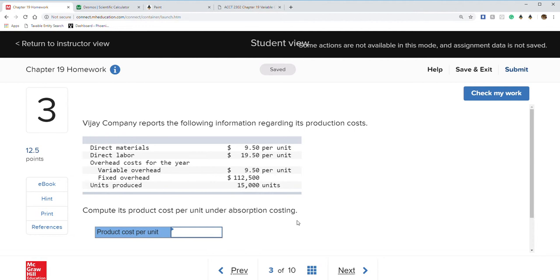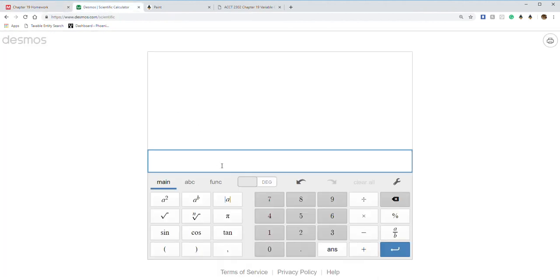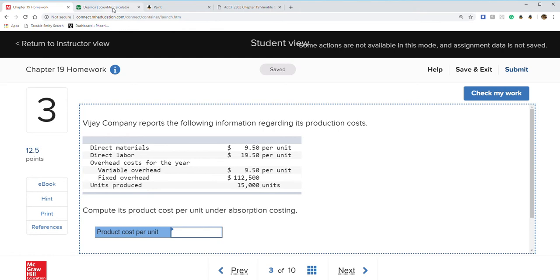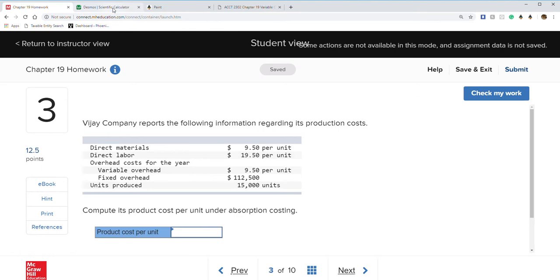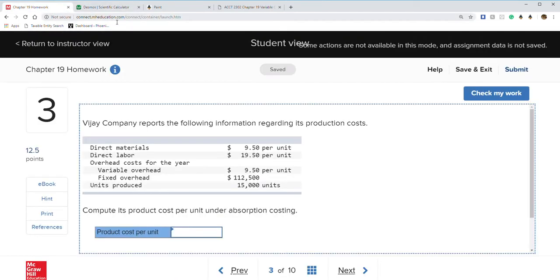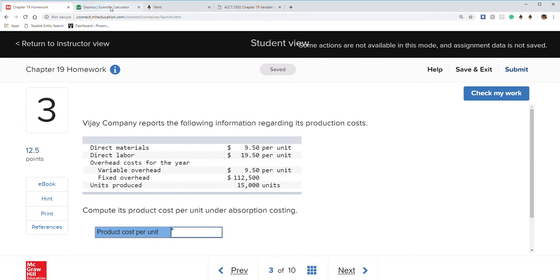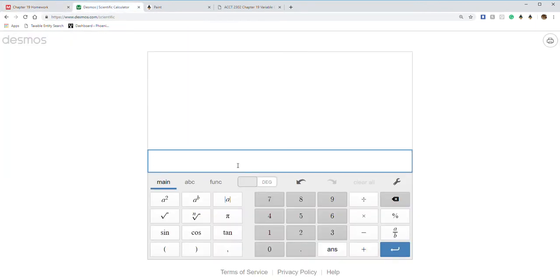And as you notice, Connect put everything in a per unit base except for fixed overhead. So we're going to have to jump to the calculator to do this. We're going to take 112,500 and divide by 15,000 to make us have a cost of $7.50.